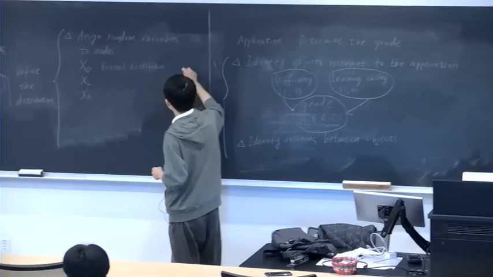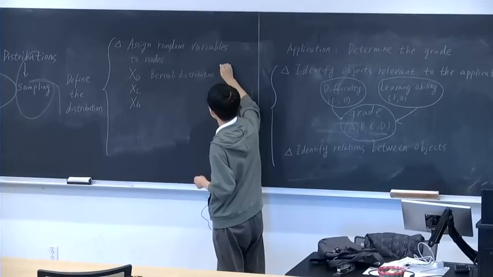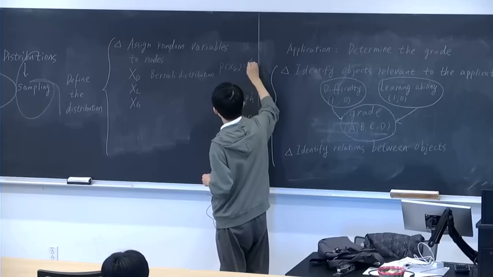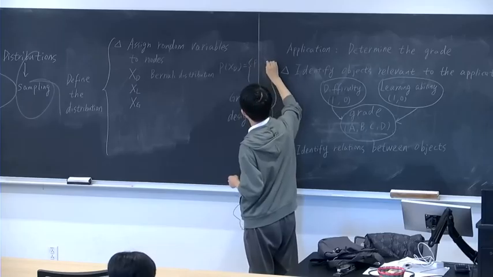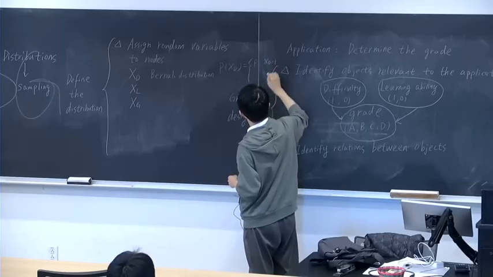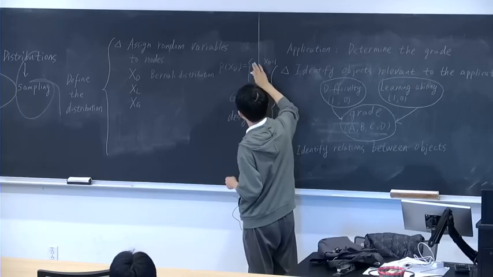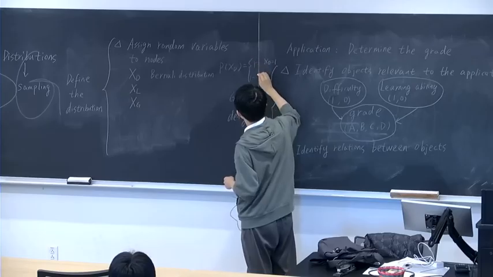The Bernoulli distribution defines the probability like this. P defined over this variable xd: this probability equals P if xd equals 1, and the probability is 1 minus P, let's use a different parameter, 1 minus gamma, if xd is 0.